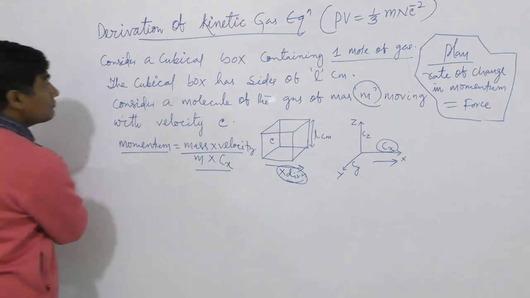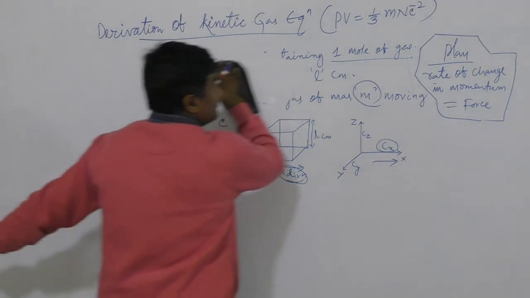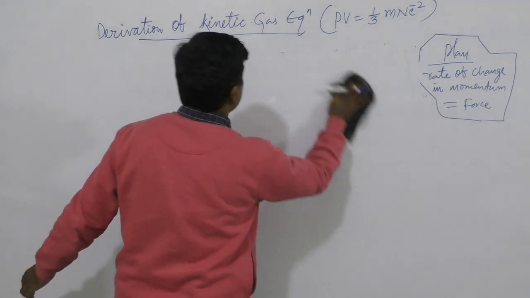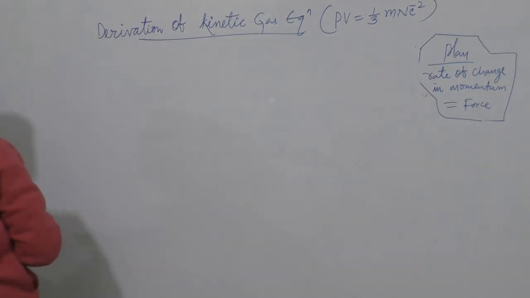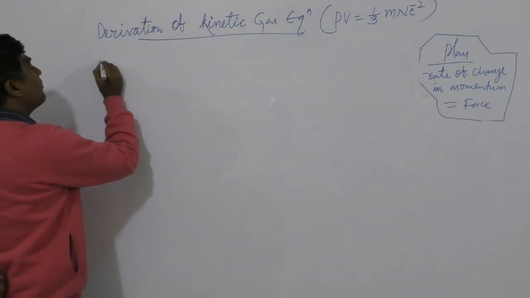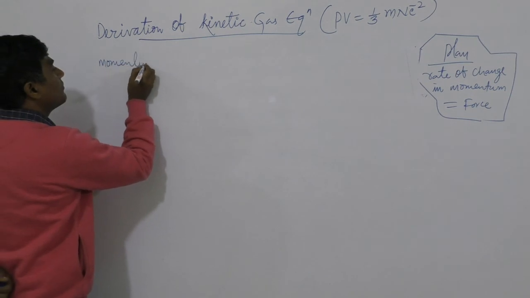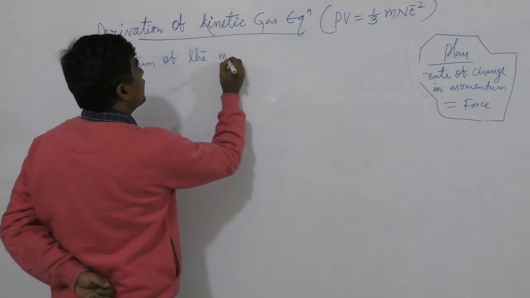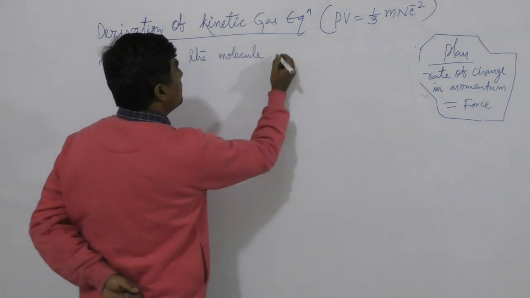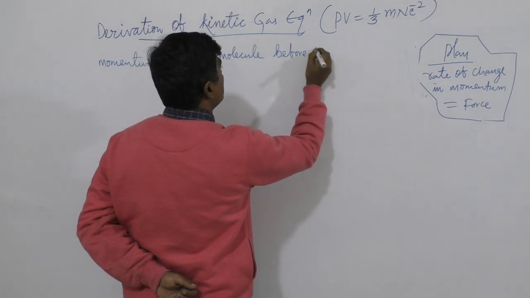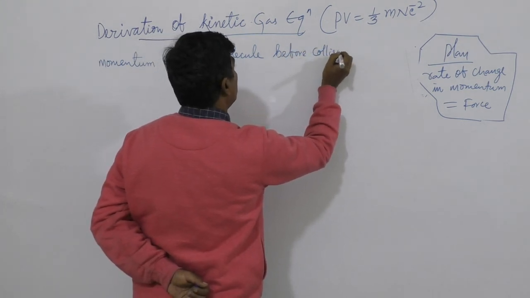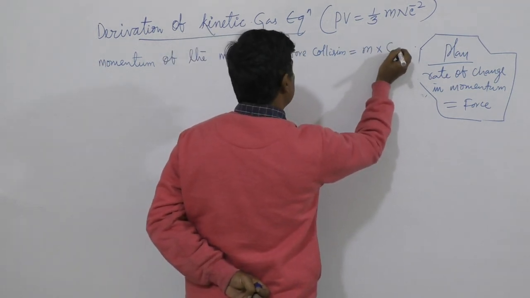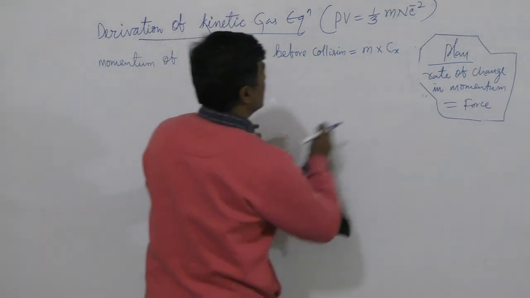The momentum of the molecule before collision is equal to mass into velocity cx, that means mcx.